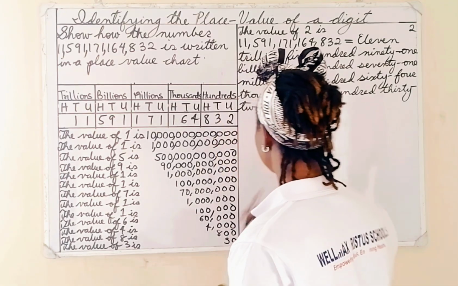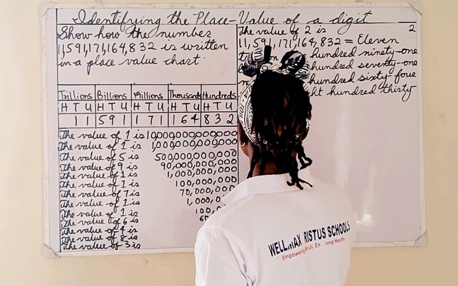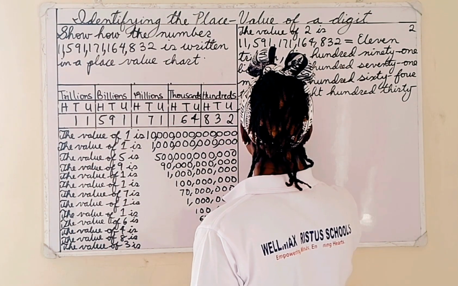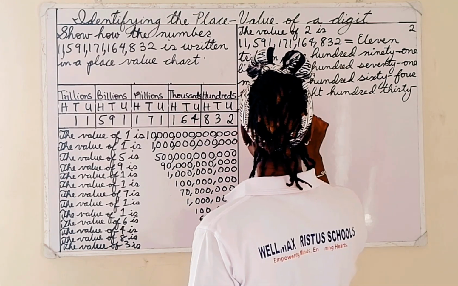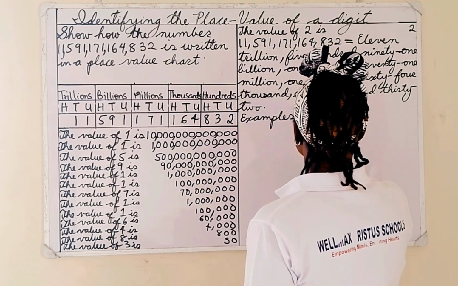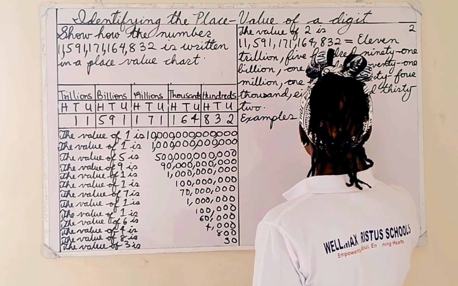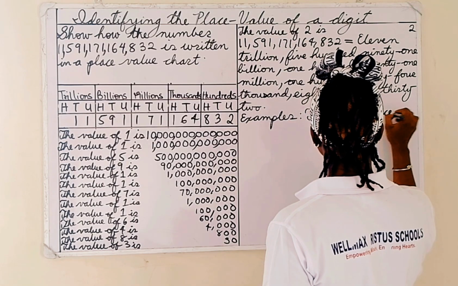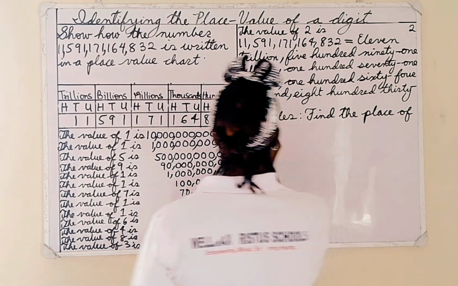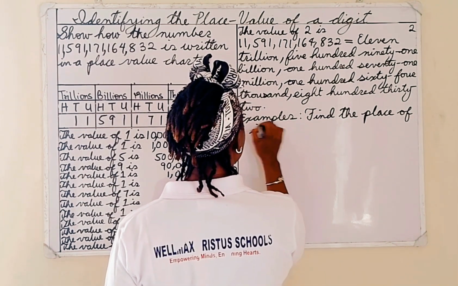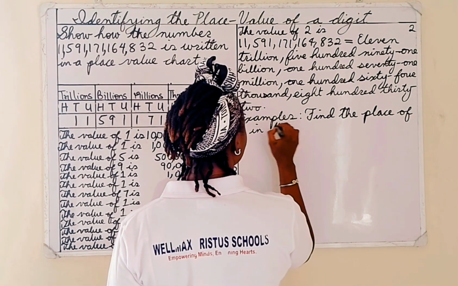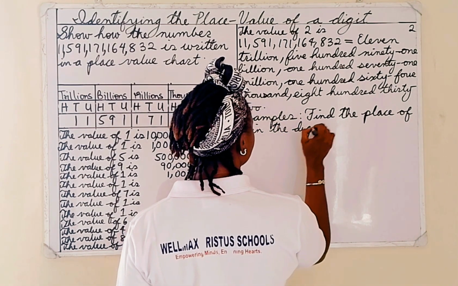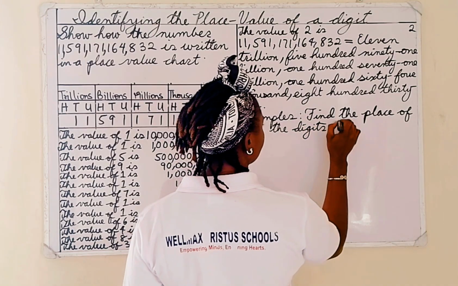Now let's continue with some examples. Find the place of 9 in the digits below.